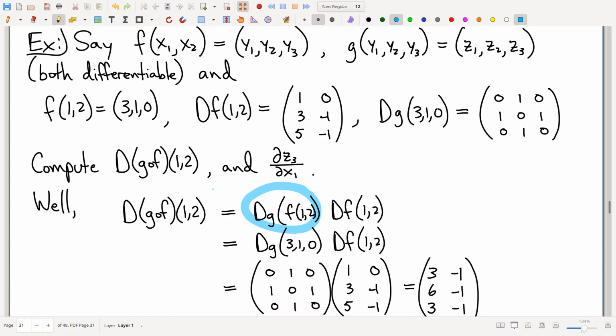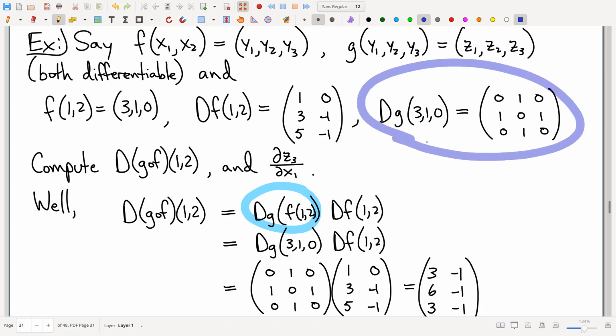Well, at first glance, seemingly no. We're given DG at the point 3, 1, 0. But lucky break: F of 1, 2 is 3, 1, 0.